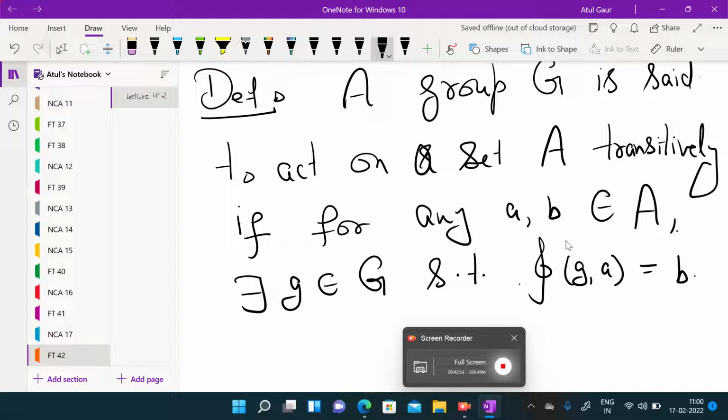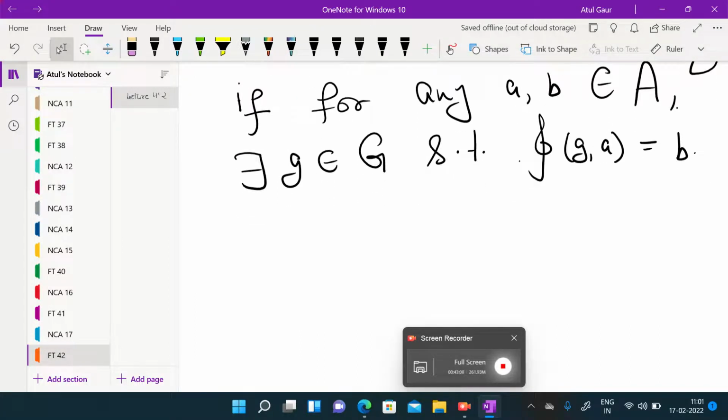So the next theorem will give you an equivalent condition for the action of the Galois group on the root set to be transitive.